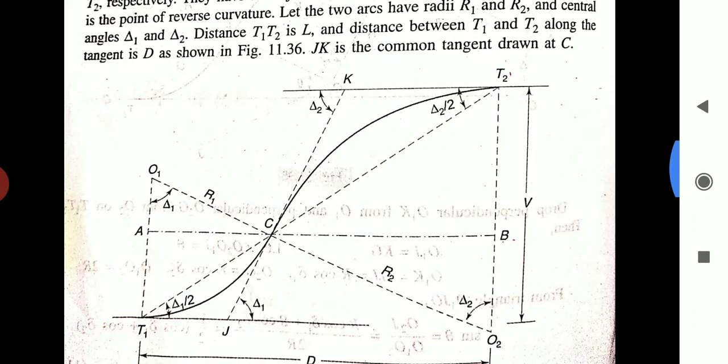Okay. In these cases, when conditions do not permit a simple curve inside the point of intersection of established straights, a change in direction may be accomplished by locating curves in the area beyond the point of intersection. A reverse curve is a combination of two simple circular curves having opposite directions.